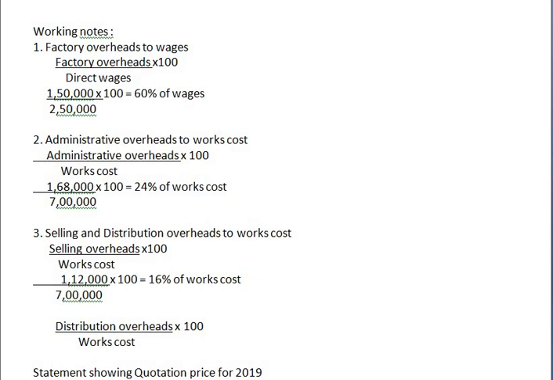Okay. Now next, distribution charges they have given us separately, so here also we are calculating it separately. Distribution charges is 70,000. So 70,000 divided by works cost 7 lakhs, into 100.